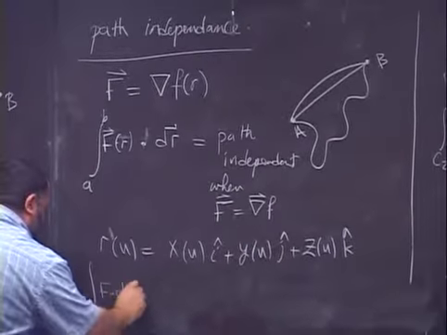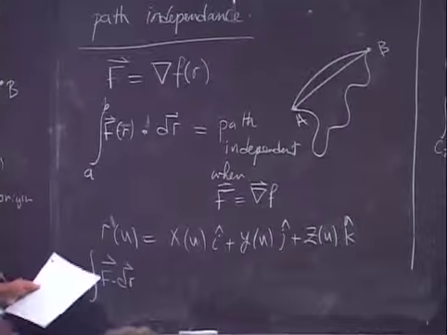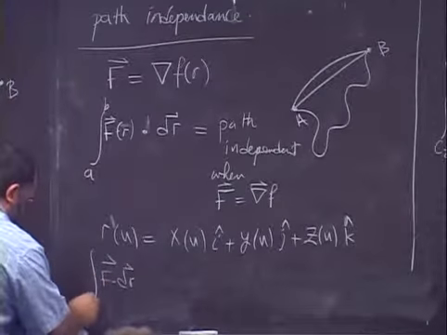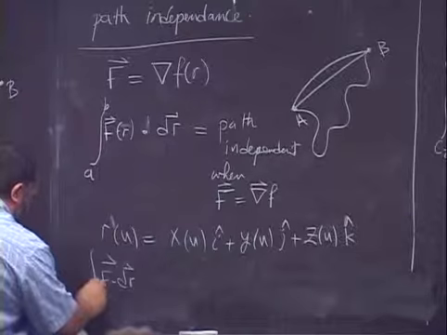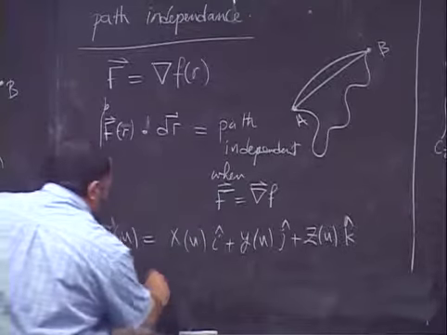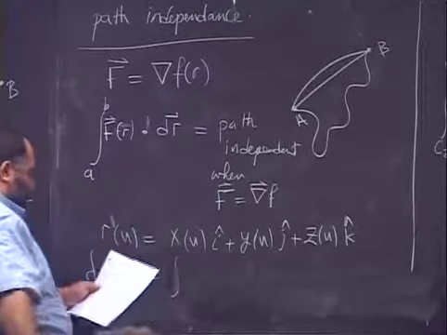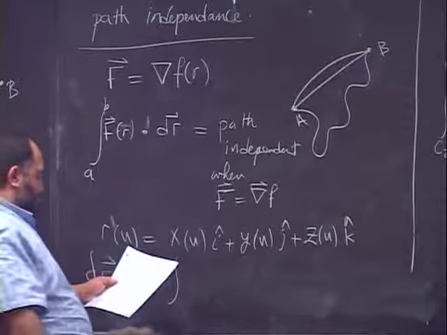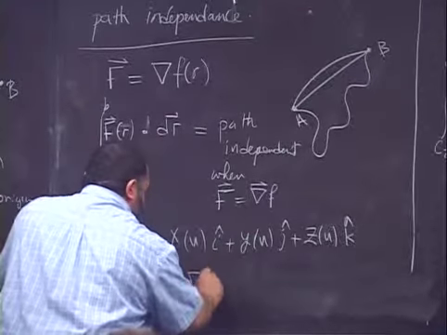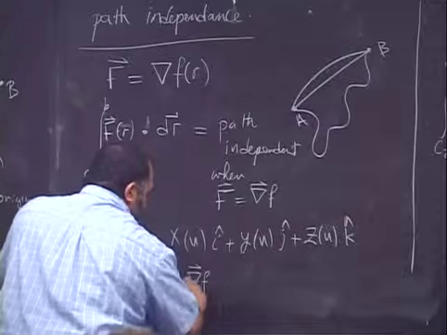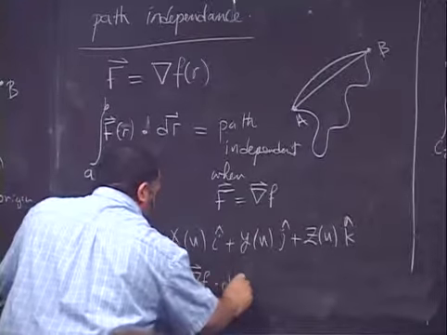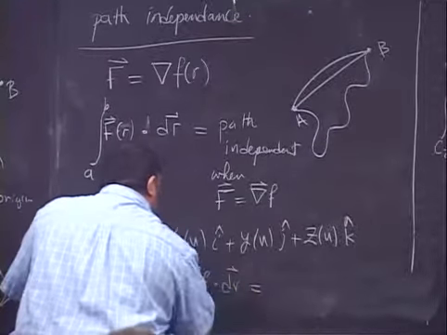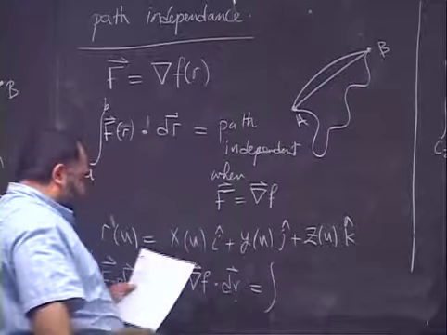F dot dr from A to B, let's say from A to B or over C. This will be what? So I will say that this is the gradient of f dot dr over C. And what's this?